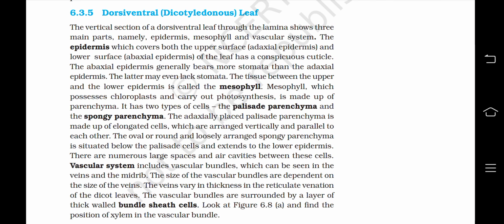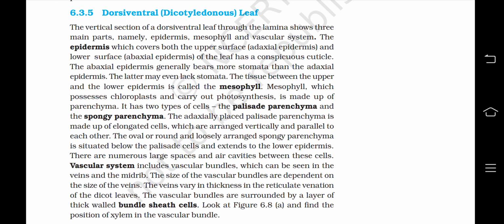Tissue between the upper and the lower epidermis is called the mesophyll. Mesophyll, which possesses chloroplasts and carries out photosynthesis, is made up of parenchyma. It has two types of cells, palisade parenchyma and spongy parenchyma.